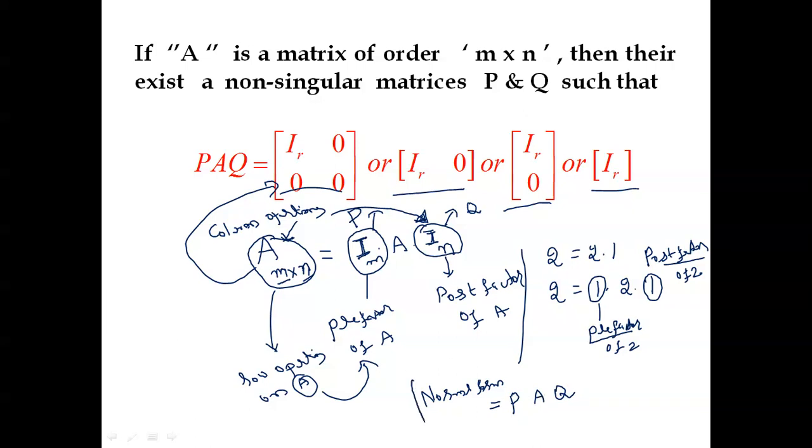This is the title of this PPT. Here we have to find two non-singular matrices P and Q such that PAQ is in normal form. This theory is explained through examples. Let's go to the problems.